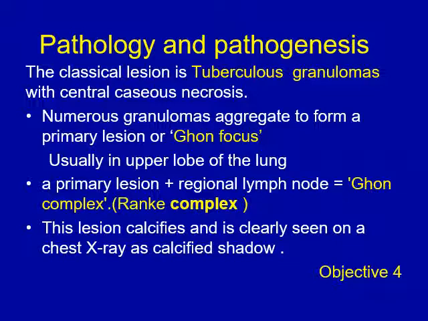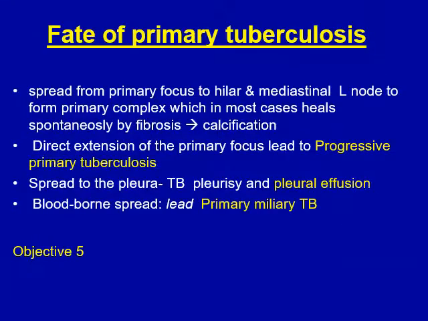This is the hallmark of primary TB. This lesion usually appears on the X-ray as calcified shadows, a calcified lesion and calcified lymph nodes. And this is the pathology of primary TB. We come to the fate of primary tuberculosis.